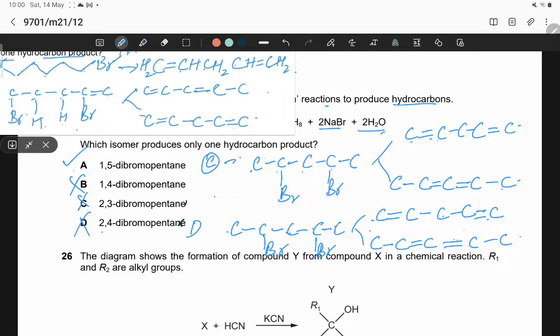So also incorrect. So option A is correct.